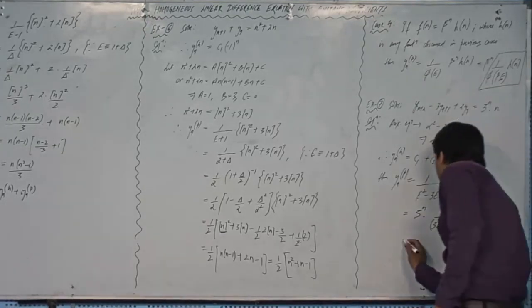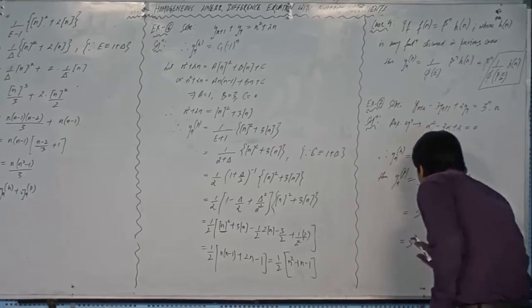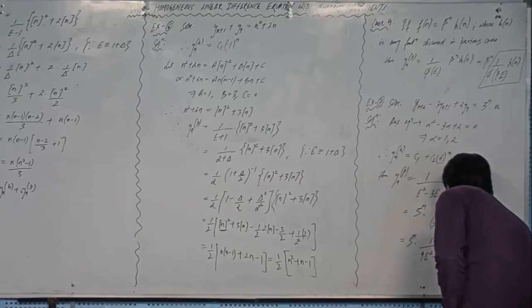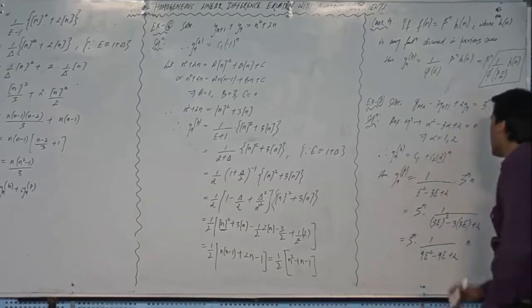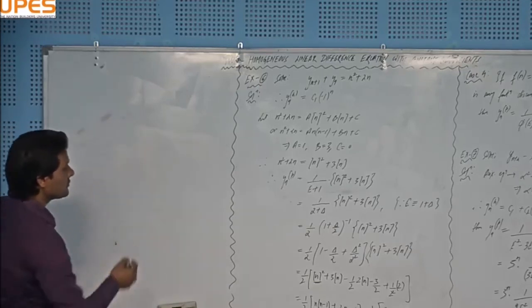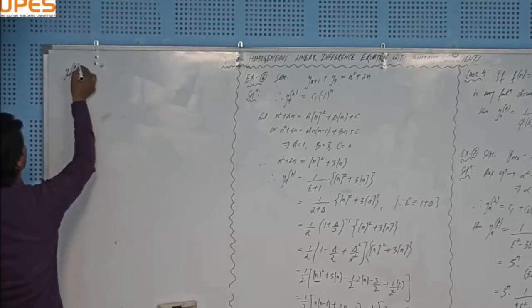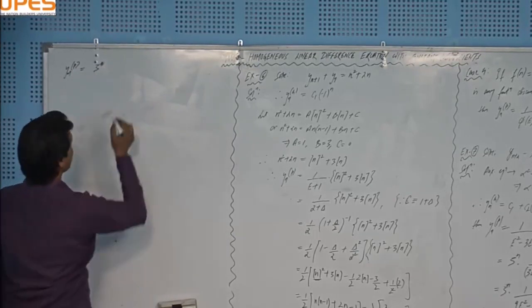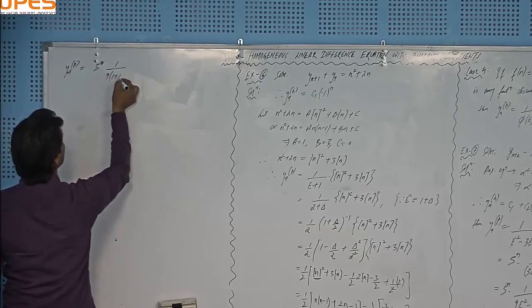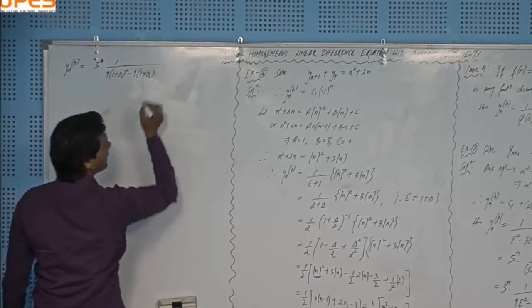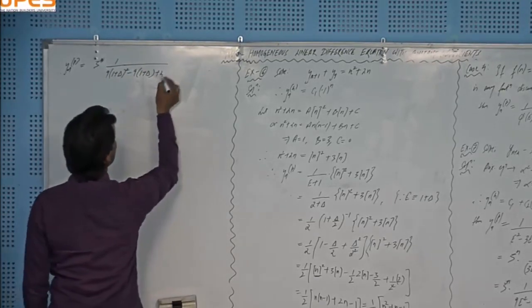I will write that: 3 to the power n, 9E square minus 9E plus 2, and here I have n, right? So y_p equal to 3 to the power n, and 1 over 9(1 plus delta) square minus 9(1 plus delta), and then plus 2, right?